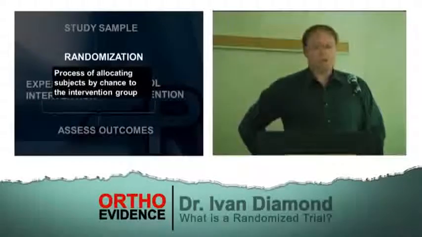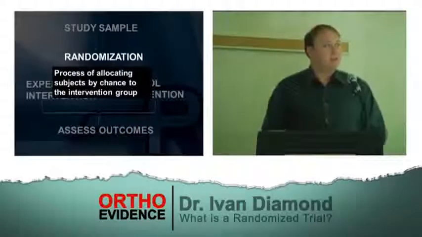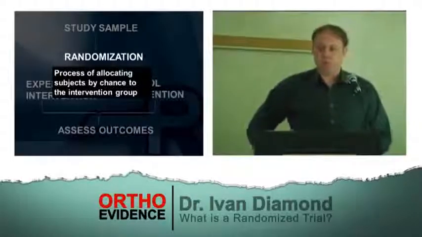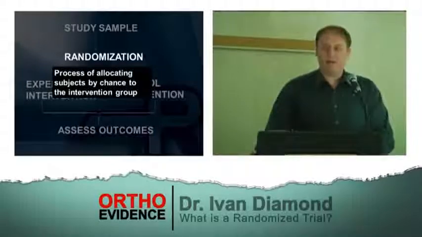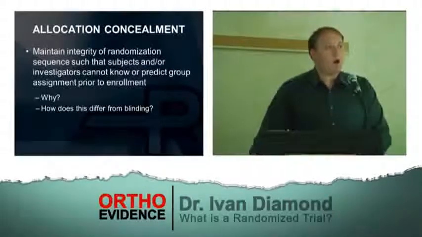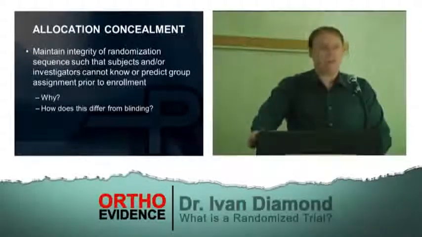Randomization is the process of allocating subjects by chance to either intervention group. And this is a very, very key concept, and that is that of allocation concealment. And I would argue that if you don't have allocation concealment, you don't truly have a randomized trial.